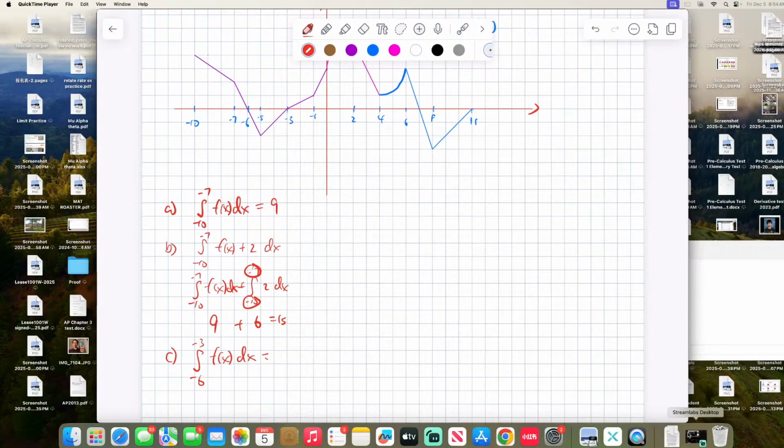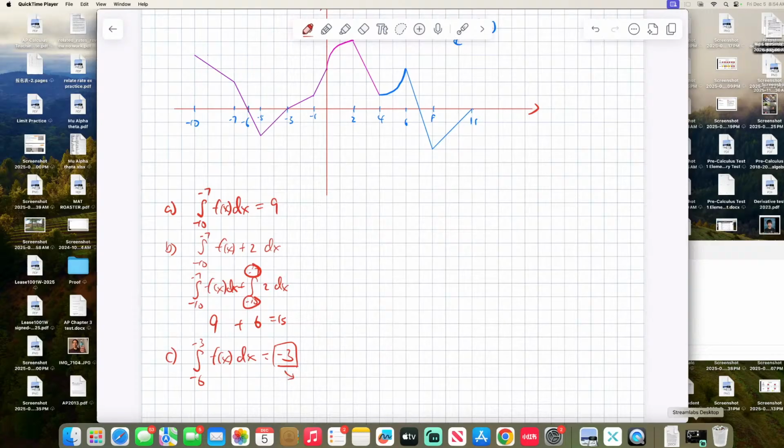If you just think about this as positive, this has to be the opposite of that, so it has to be negative. You're going in the correct orientation, from low to high, from negative 6 to negative 3, so therefore it's going to be negative 3, because it's below the x-axis.